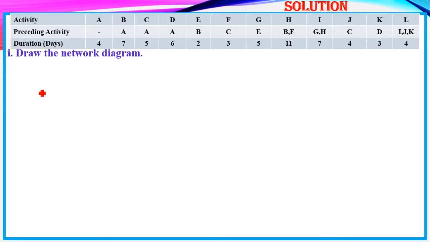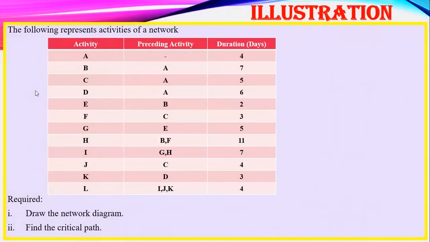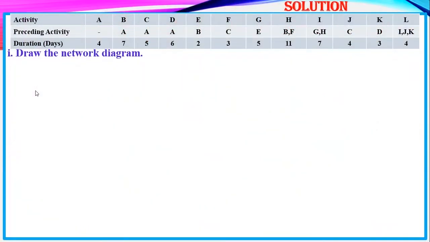Okay, let's draw this, get the solution for the illustration that we have just looked at here. So let's try drawing the network diagram. In this particular case, we have been given activities, that is, activity A all the way to activity L. Then you're given the preceding activities, that is the activities coming before.